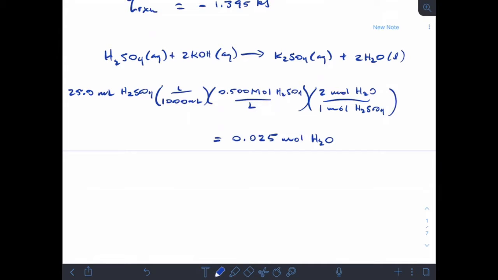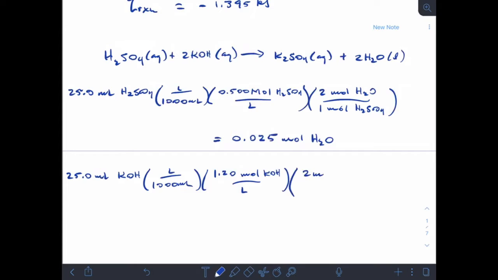All right, so let's figure out how much water we get from the potassium hydroxide. We have the same volume, but the molarity is different. So 1.2 moles KOH per liter. And our ratio is 2 to 2.